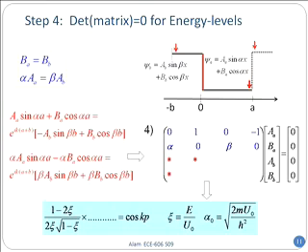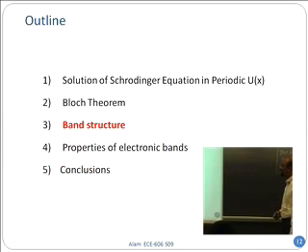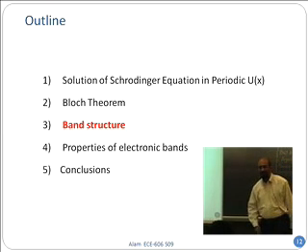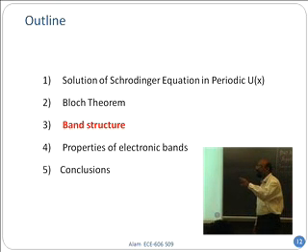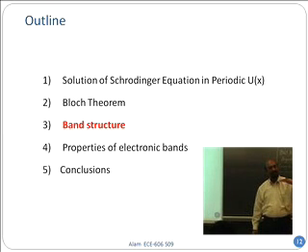And how can I solve this? Again, two ways. You can solve it in MATLAB, but if you are not in the MATLAB age, you can solve it graphically as they do in the book. And let me show you how to do it graphically. And that's where the band structure will come in. So band structure is the solution of the Schrodinger equation in periodic potential, so that we know where electrons can sit.